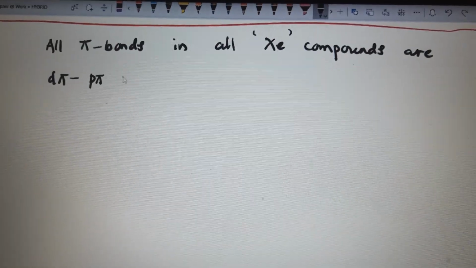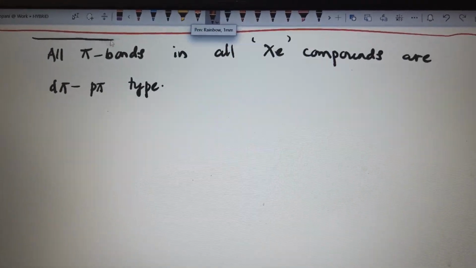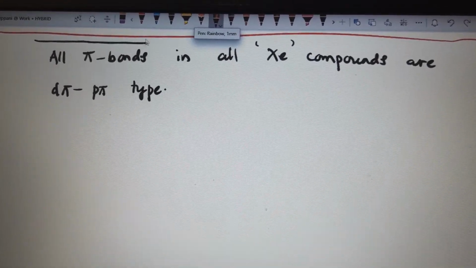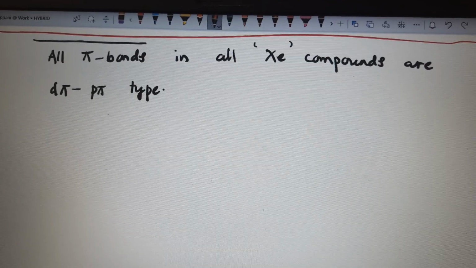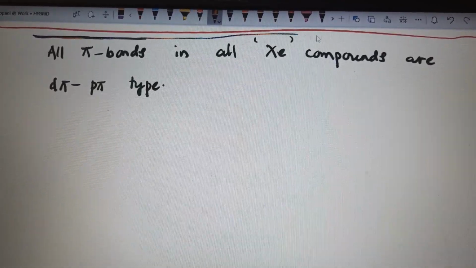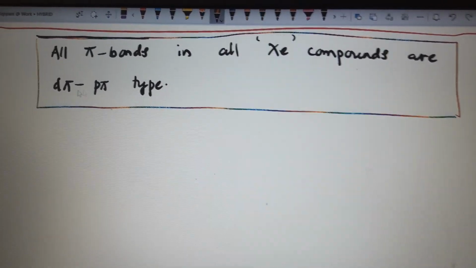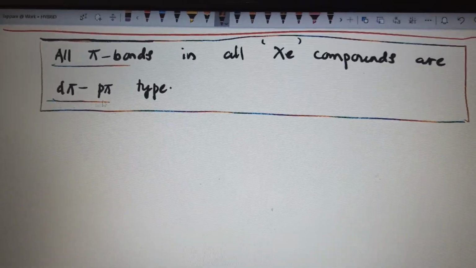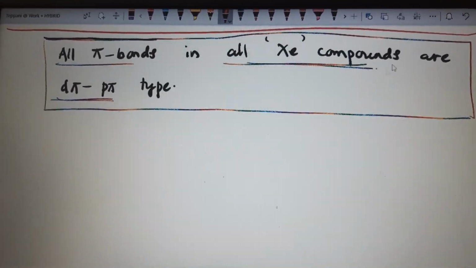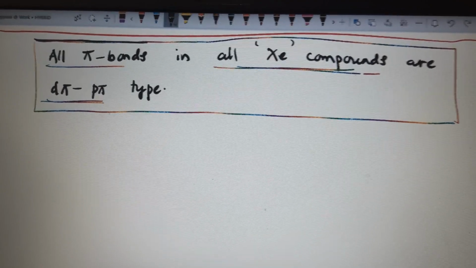You can directly learn this point. Hybridization only reveals this.